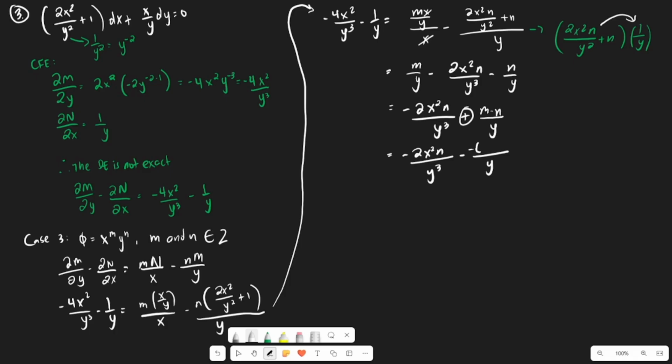But I did this so that I can make that minus over y appear, which is something that the left side of our equation has. So we'll have minus minus m minus n.